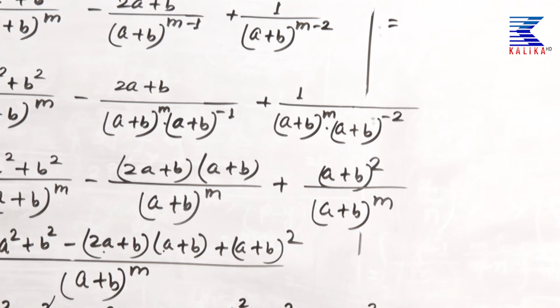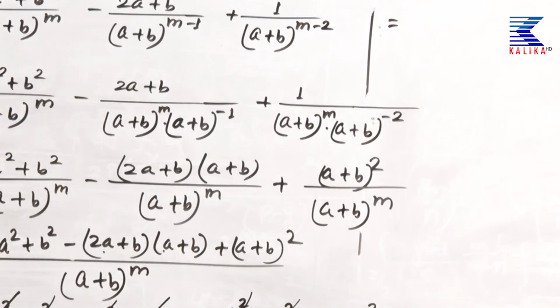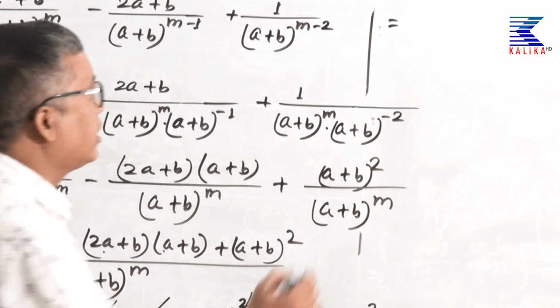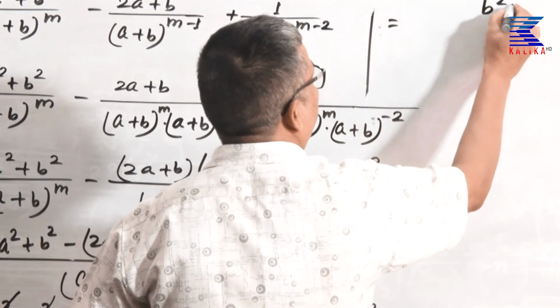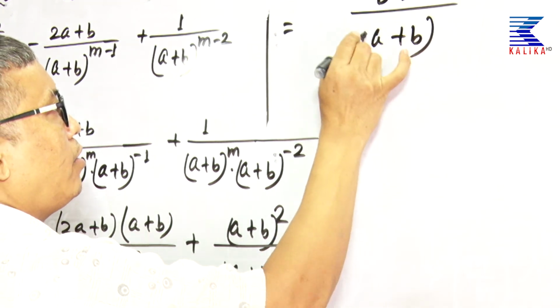Okay, is equal to now plus b square minus b square, minus 2a square is here, plus a square plus 2a square which is cancelled, minus 2ab, then minus 2ab plus 2ab, then remaining plus b square minus ab, whole upon (a plus b) to the power m.